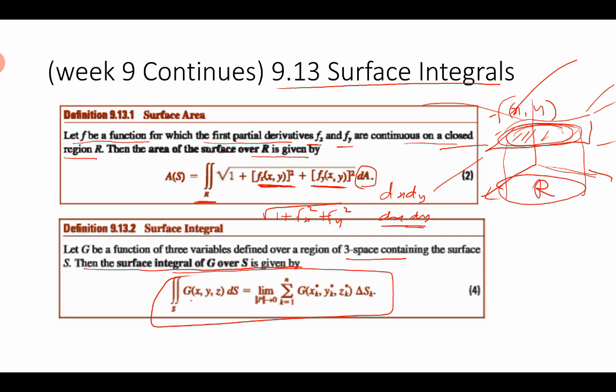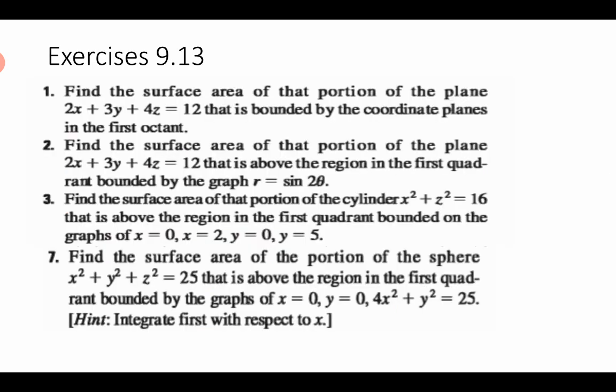G has three variables here, while f has only two variables. Mostly we are going to do problems of this type. There are four problems in a row, and we will solve them one by one on the sheet.